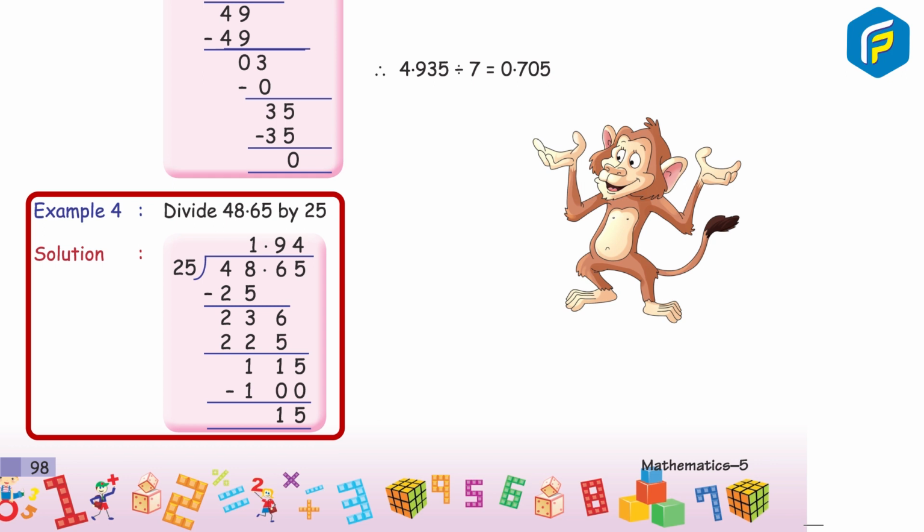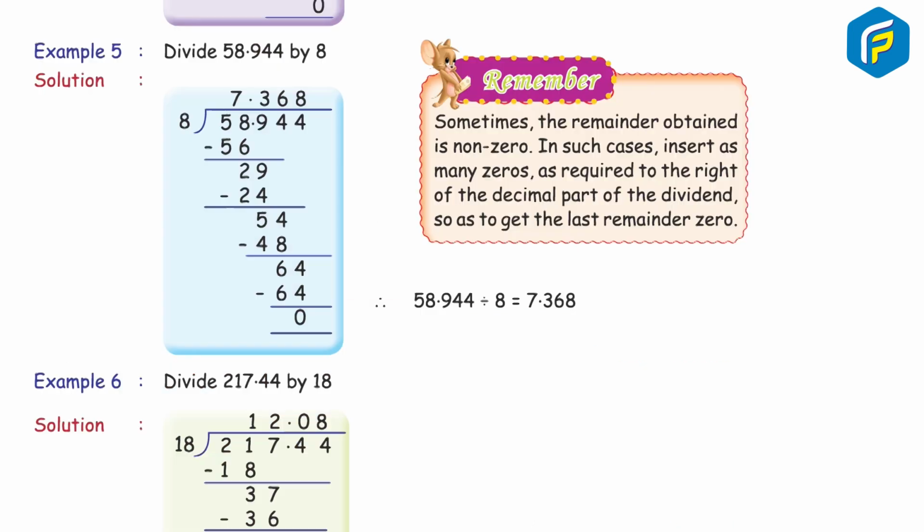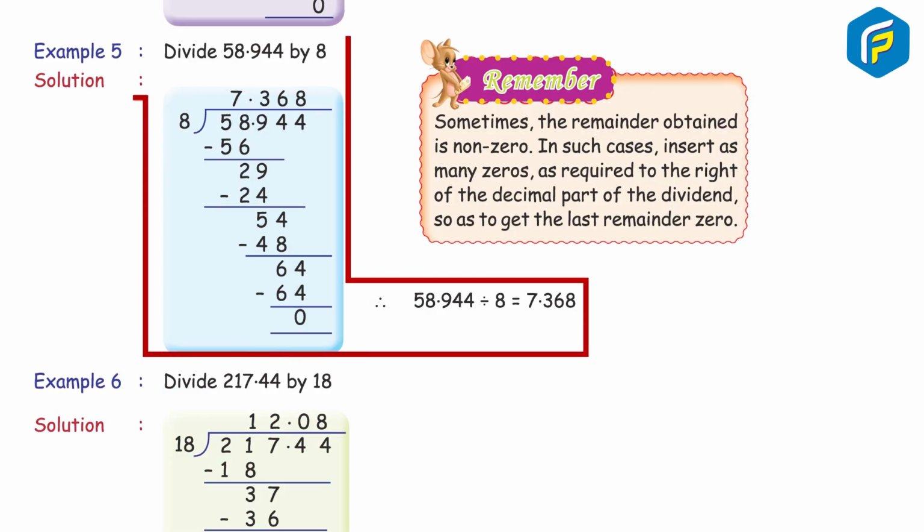Divide 48.65 by 25. Solution. 48.65 divided by 25 equals 1.946. Example 5. Divide 58.944 by 8. Solution. 58.944 divided by 8 equals 7.368.